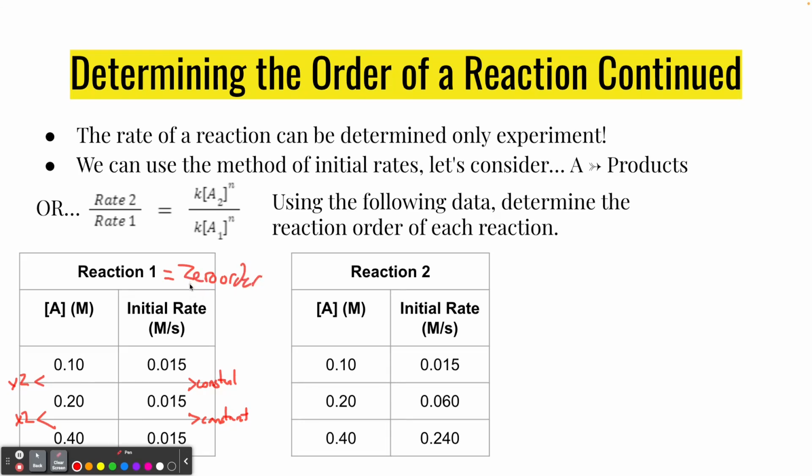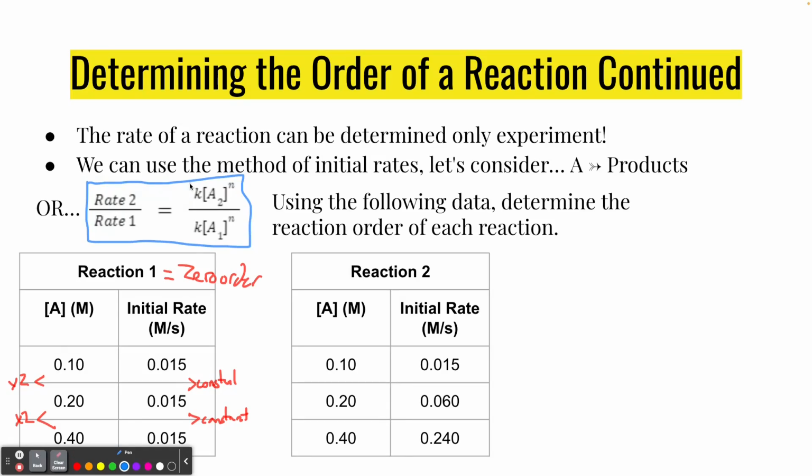Reaction 2, I could do the same thing. I could use the method of initial rates, or I could use this equation here, as I tried to read earlier to you. And since I've shown you the initial rates method 2 times, guys, I am now going to show you how you would use this expression in order to solve for the order.